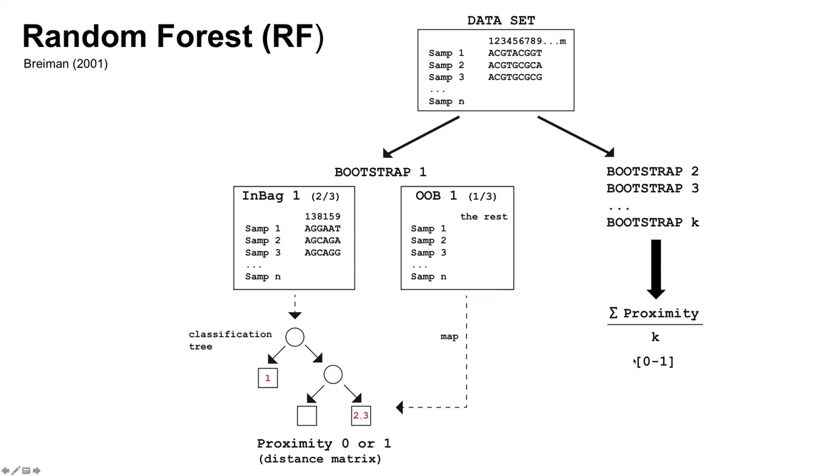And this is essentially, again, a distance matrix that we can then send to multidimensional scaling, which is a multivariate technique that specifically works for distance matrices. And then we can do our clustering. So that's, hopefully simply, how random forest works. Of course, there are some differences in how you do it, whether you do it supervised or unsupervised, but this is the general approach.